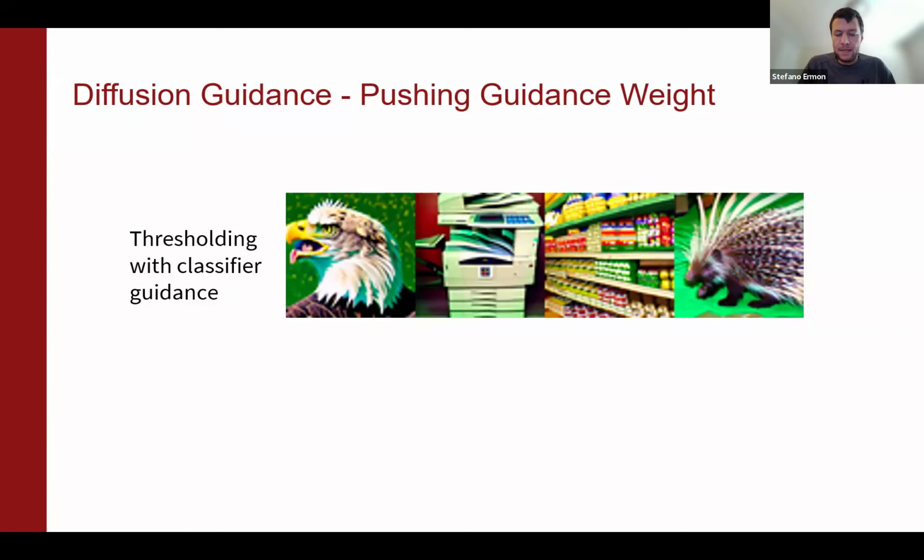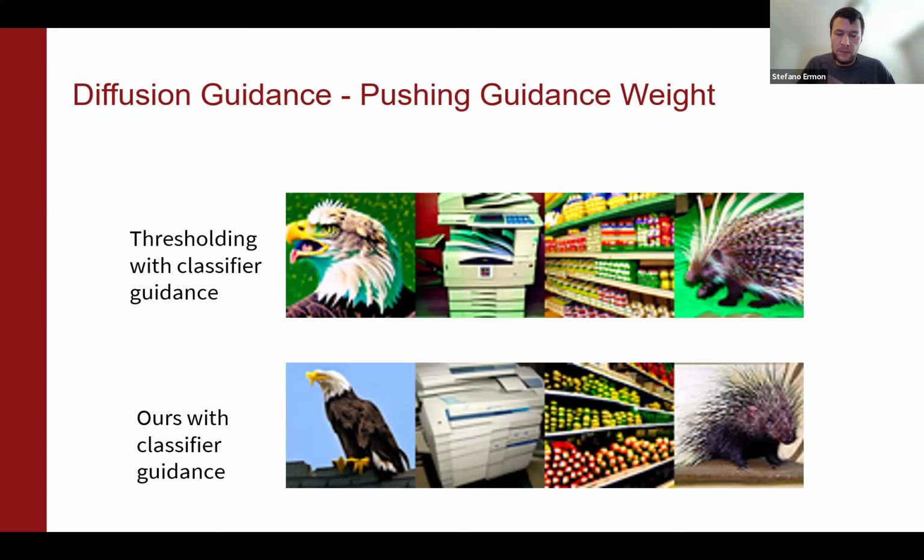As you can see here, these images are not very natural. But if you have this process that takes into account the fact that there are boundaries and you want to reflect whenever you hit a boundary, we can do much better at controllable generation, and we can generate images that are much more consistent with the prior and the likelihood, which in this case is just a plus label.